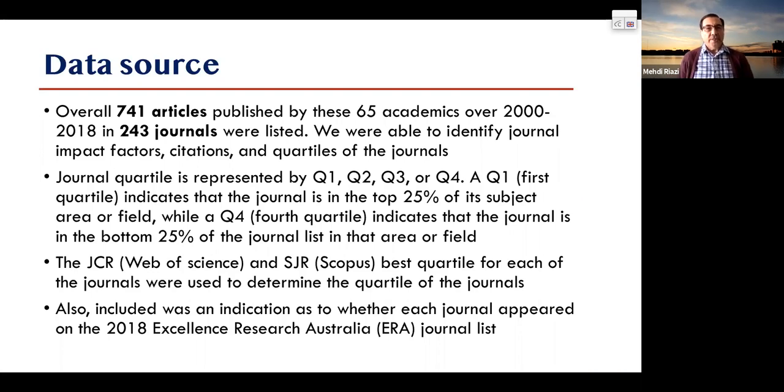The JCR of Web of Science and SJR of Scopus best quartile for each of the journals were used to determine the quartile of the journals. And also included was an indication as to whether the journal appeared on the 2018 Excellence in Research for Australia (ERA) journal list or not.